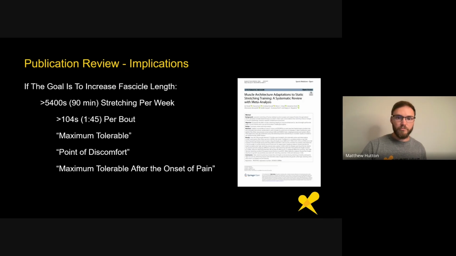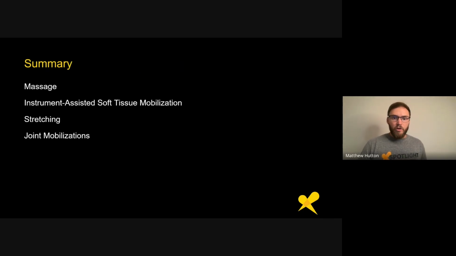Good to go? Cool. That will wrap us up. So just to go back through everything. There are 4 different categories of soft tissue treatments or manual therapies. The massage, which includes a lot of different variations. There's the instrument assisted soft tissue mobilization, which also includes a lot of variations.